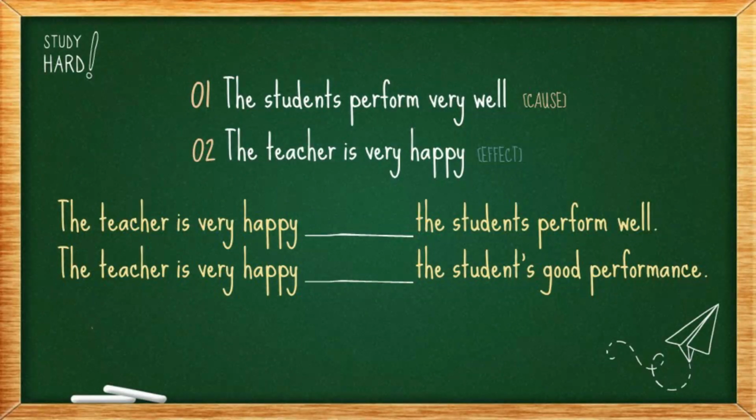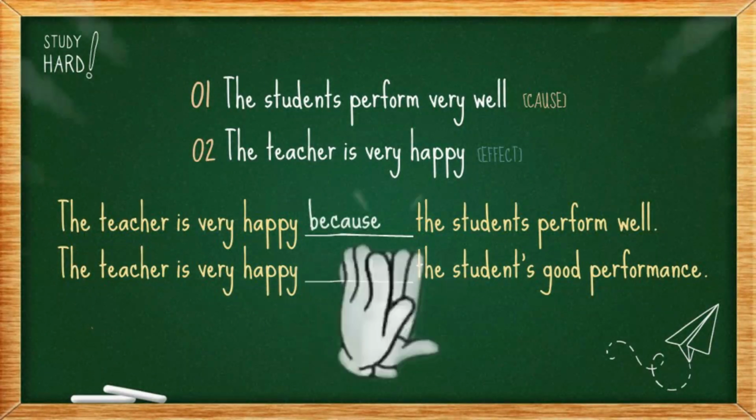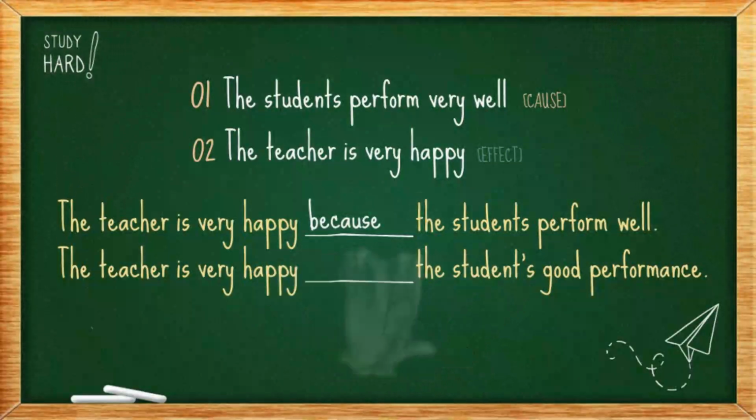So we will be combining the two sentences into one. We have a not complete sentence and now we need to complete that. The teacher is very happy, blank, the students perform well. So what do you think the blank is? Right, because we have here the students perform well, so we have to use because.